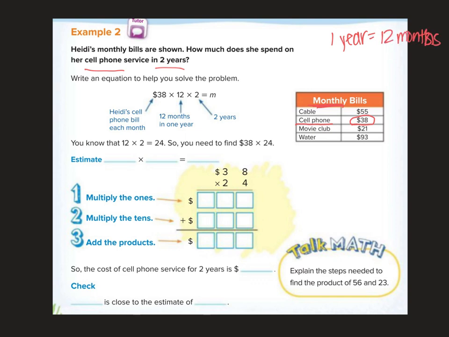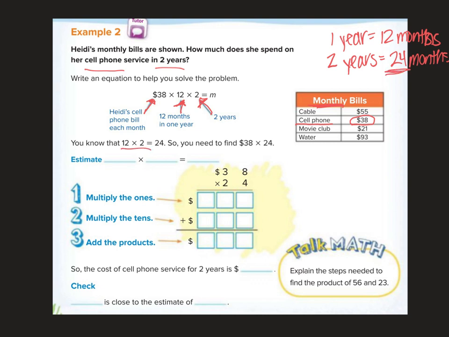So that means 2 years equals 24 months. On here it says we could also just multiply her cell phone bill by 12 months in a year, and then we want 2 years. So that's kind of what we did to get our 24 months.